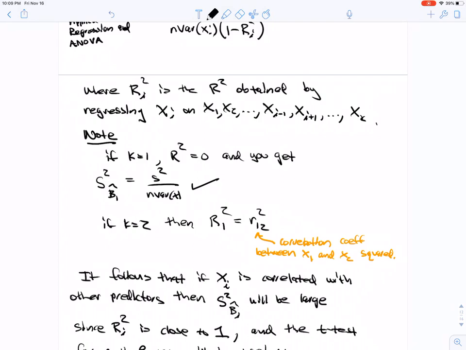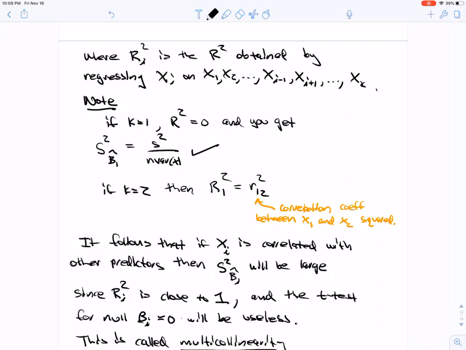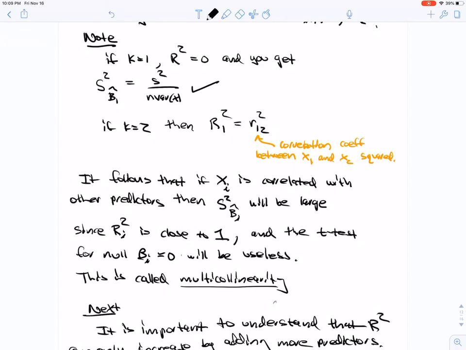It follows that if xi is correlated with the other predictors, then the standard error squared of beta i hat will be large, since ri squared, the coefficient of determination, is close to 1, and the t test for the null that beta i is 0 will be useless.